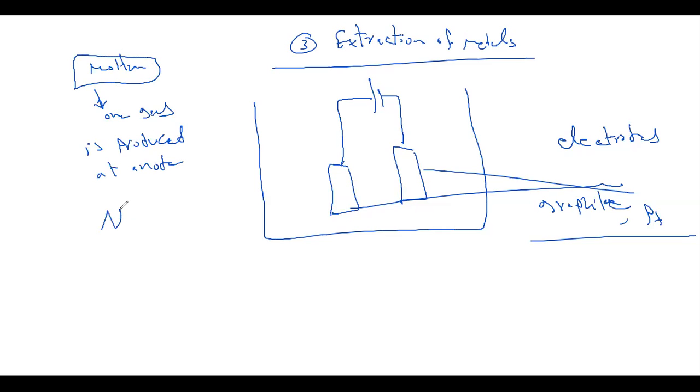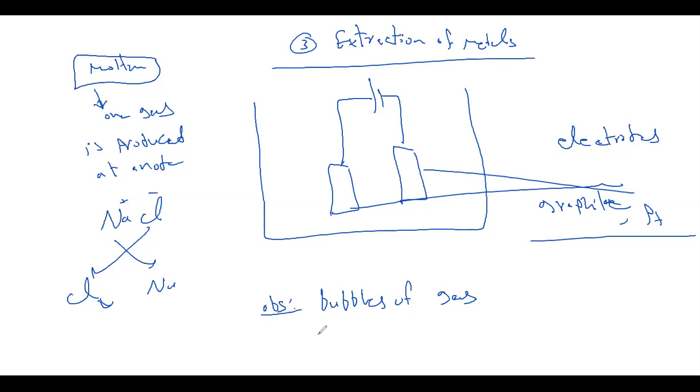Like NaCl, it will produce Na and Cl2. And then observation, you will find bubbles of gas and the bulb turns on.